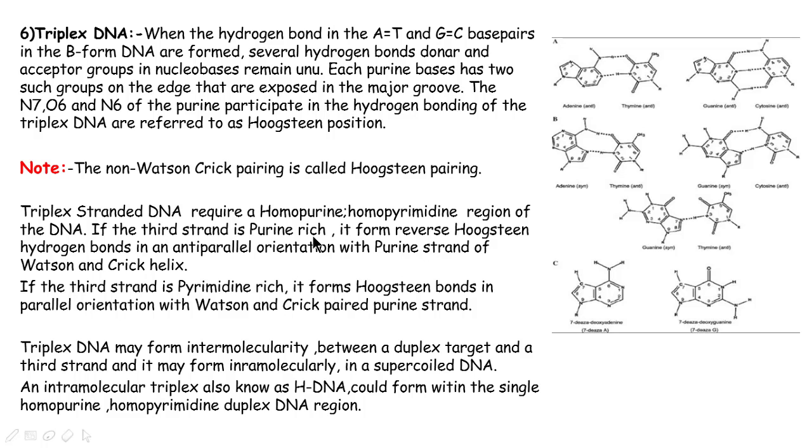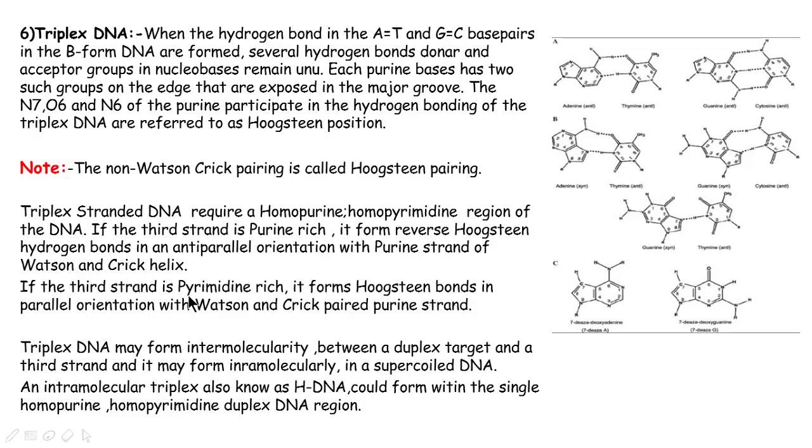If the third strand is purine rich, when the 2 strands are formed, it is known as the Watson and Crick. But if a third strand is formed, okay, if the third strand is purine rich, it forms reverse Hoogsteen hydrogen bonds in an anti-parallel orientation with the purine strand of the Watson and Crick helix.